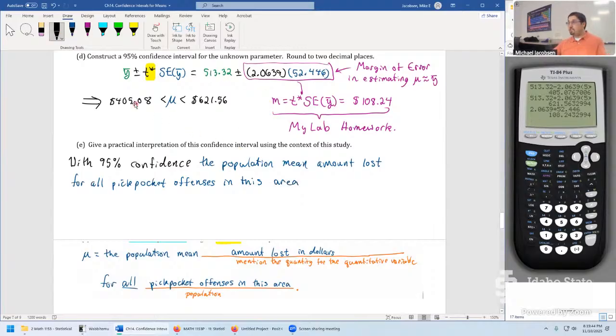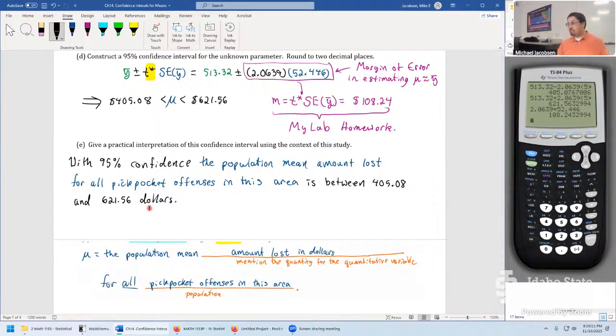So now that we have the parameter in, we just mention the values one more time, is between 405.08 and 621.56 dollars. I don't know why I went that route. Putting the dollar sign in would have saved a little bit of writing, but this is just another way to say the same thing.